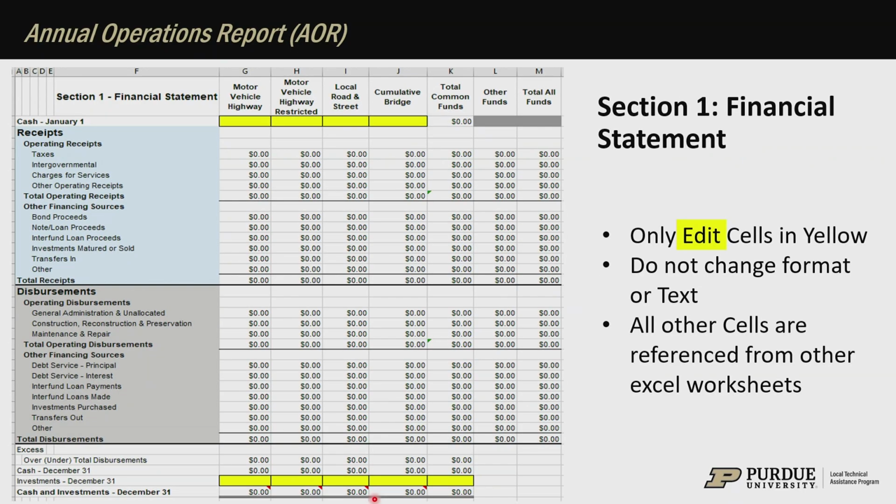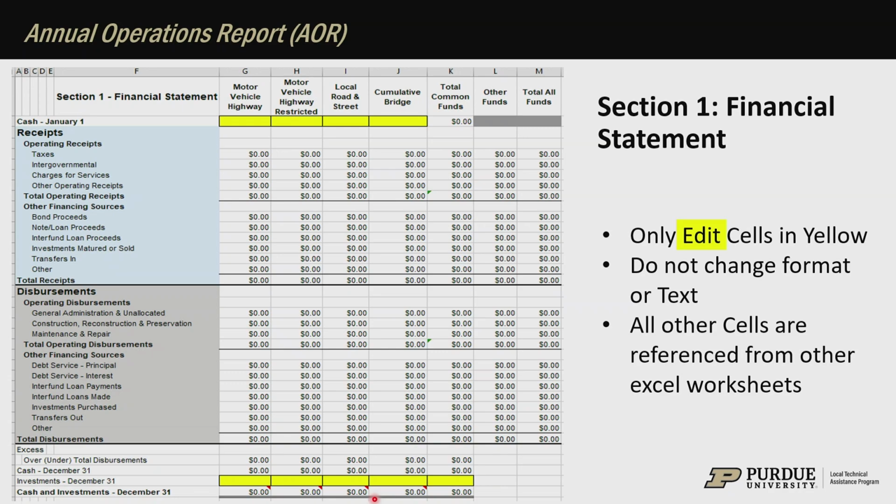But starting in section 1 here, financial statement, what you'll see here is the general view of that document. And the main thing I want to highlight is the cells in yellow. Those are the cells that you can edit. Please don't try to edit anything in the rows, like renaming the receipts or intergovernmental, as you walk through the different rows there.